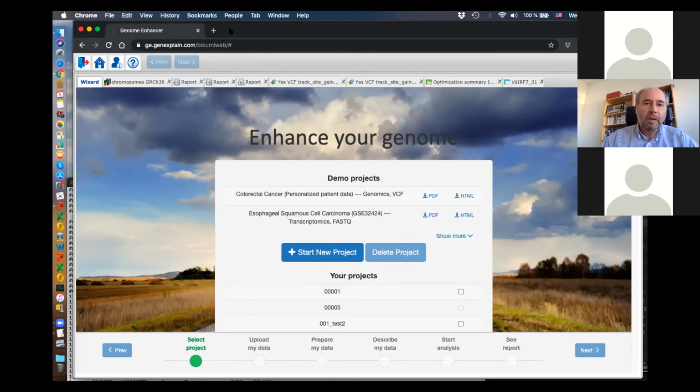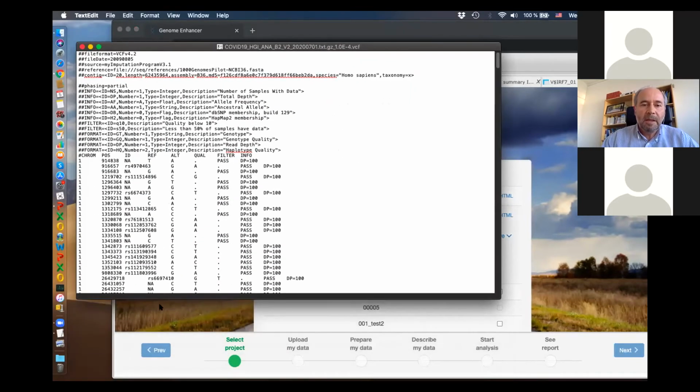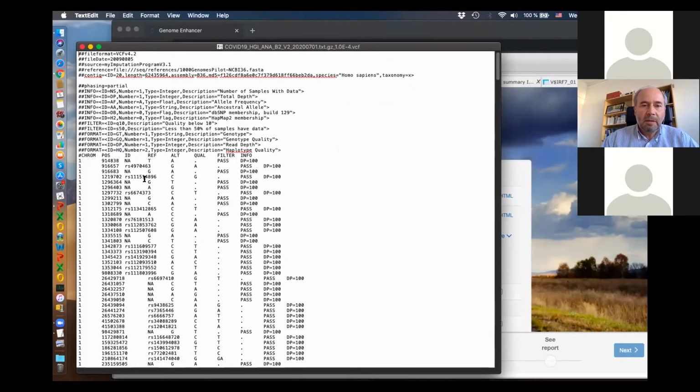So what we are going to load in this system is a list of SNPs. Here it is in a file in VCF format. These are SNPs which were found in the hospitalized COVID-19 patients compared to the overall population.